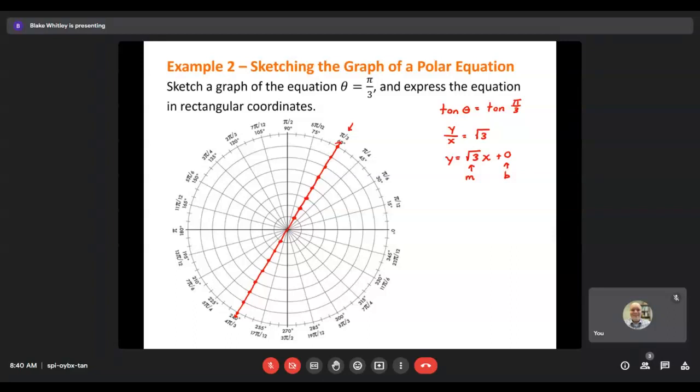And so square root of 3 is our slope, and that's what gives us this line along the pi over 3 line. And then we just have a line that goes through the origin. That's where the y-intercept comes in. So in general, if you just have r equals some value, that's going to give you a circle. If you have theta equals some value, it's going to give you a straight line.